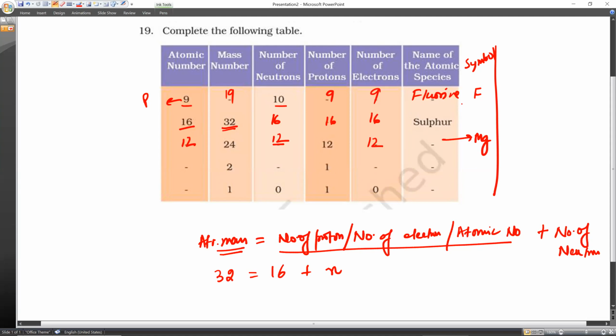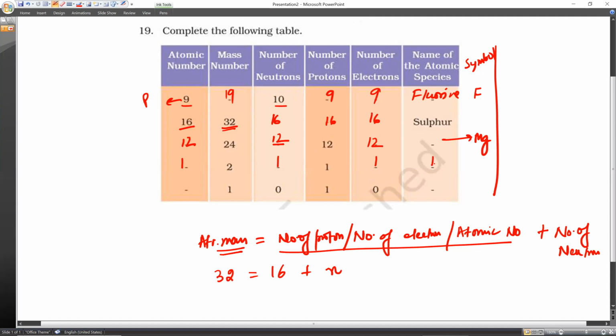Sir, it's 1. This one is also 1. Then mass number is 2.